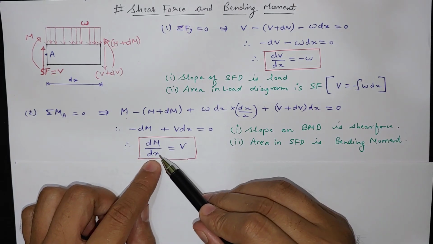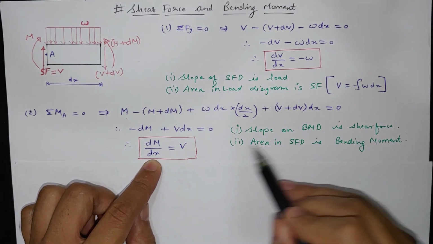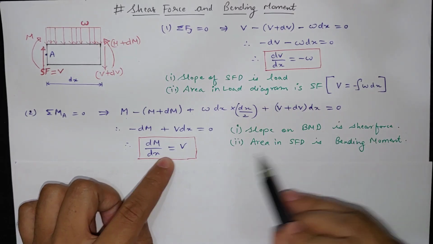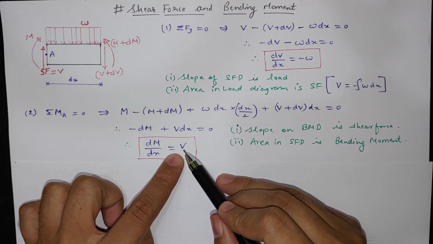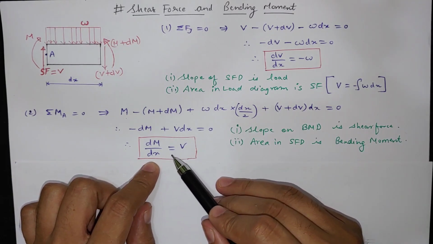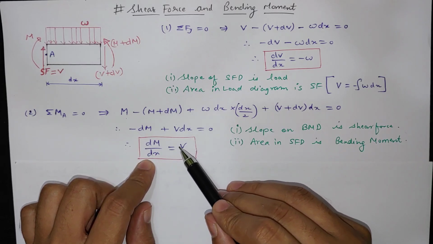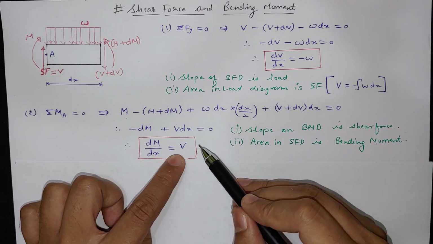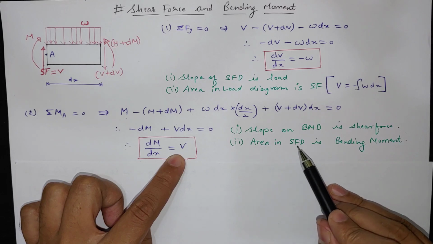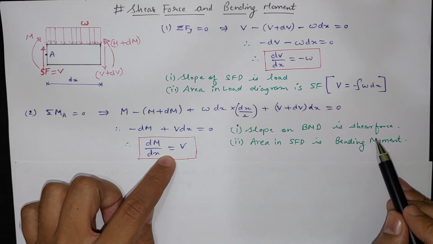So from here we can conclude the slope of the bending moment diagram dM by dx will be equal to shear force. And if we integrate this, then we get M is equal to integration V dx. Integration V dx is the area of the shear force diagram. So the area of the shear force diagram is bending moment.